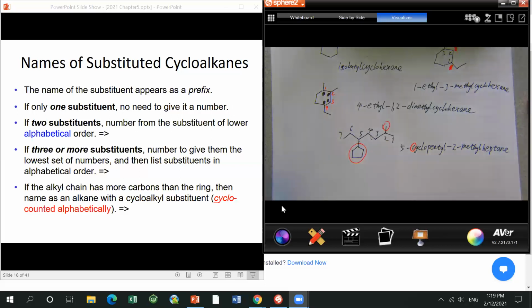-yl and -yl, because this time the cyclopentane becomes a substituent group. A substituent group always ends with -yl.